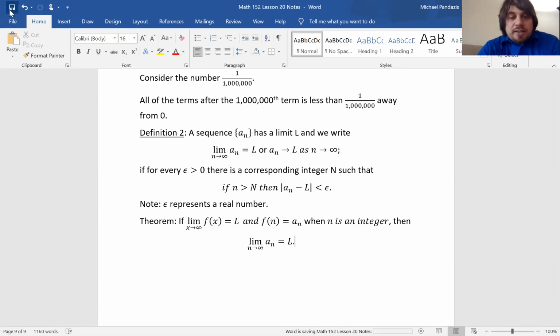Then the limit of a sub n is equal to L.